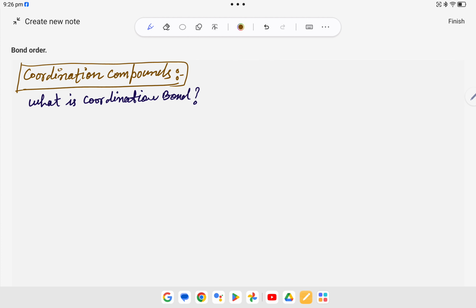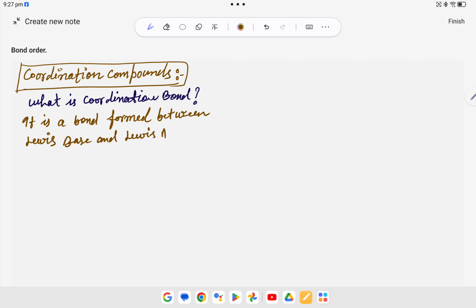So in that case, the answer is it is a bond formed between Lewis base and Lewis acid. So what is the important part, children? It is a bond formed between Lewis acid and Lewis base.